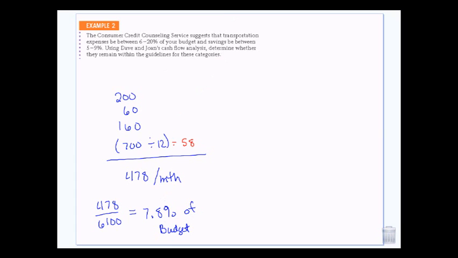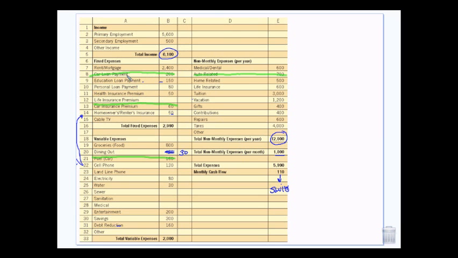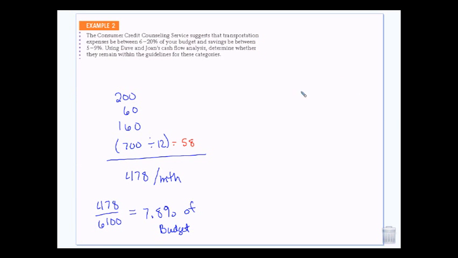Savings. If we come back, okay, savings. Let's highlight it yellow. We could count this probably in with the savings if we want to, but we're not going to for this problem. I'm just going to count the 300 that they're doing. Divide that by the 6,100, and I get 4.9%.